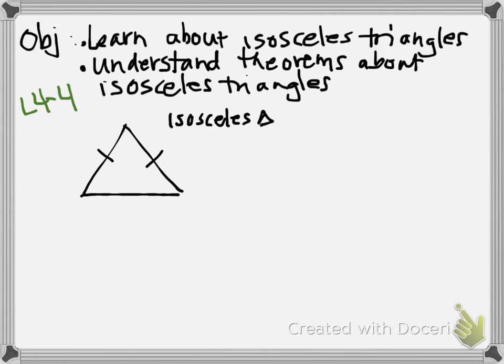Now, we're going to talk about all these different parts and label them. And you're going to make vocab cards of these. So first off, let's talk about the angle that is formed by those two congruent legs. Okay? He has a special name. He is called the vertex angle.